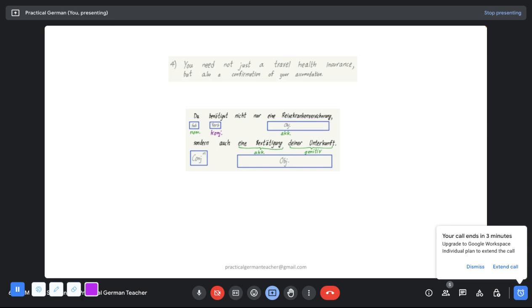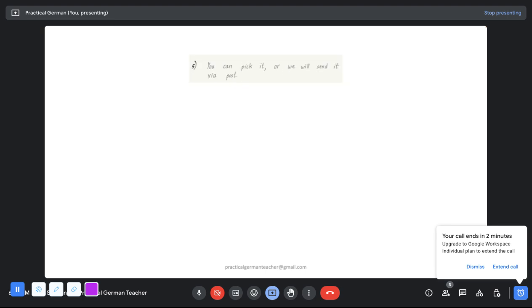You don't need a travel health insurance, rather a confirmation of your accommodation. But again, you can also go with aber, no problem, but I will go with sondern. Okay. Unterkunft. Next one, please.